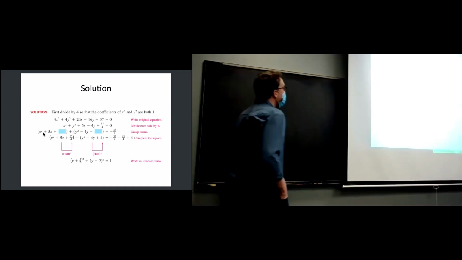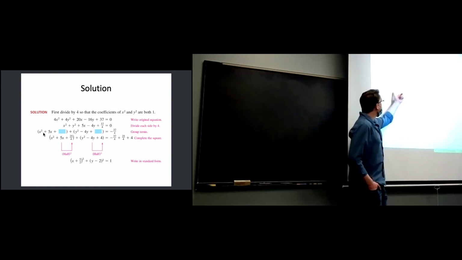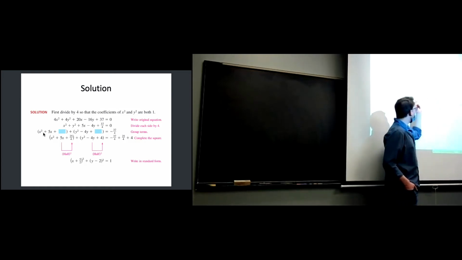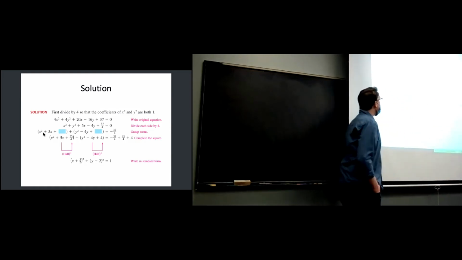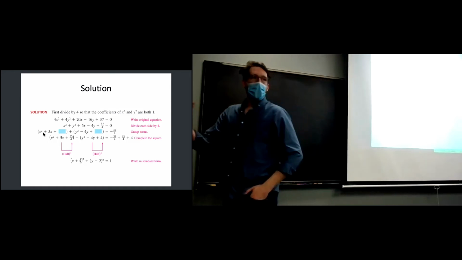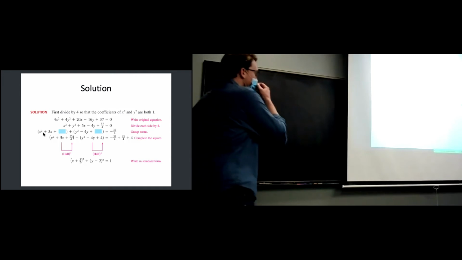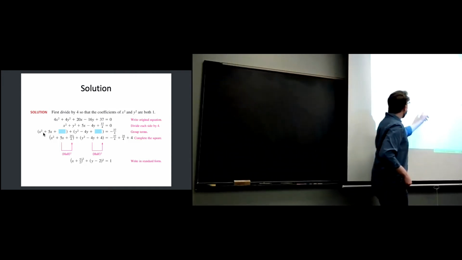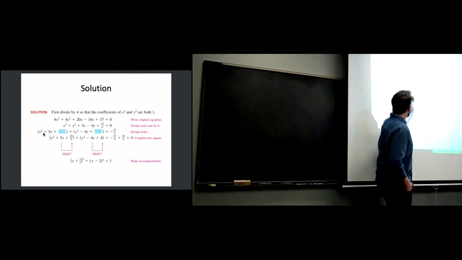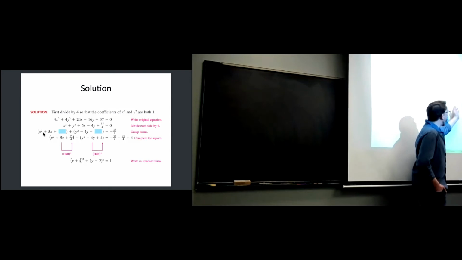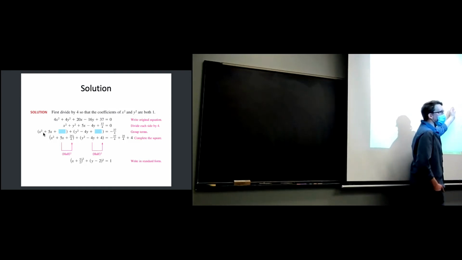Now from here, you're going to want to complete these squares, each of these individual squares. But notice that requires you to add something into the equation. So you're going to have to add that to the other side as well. You're going to have to say, all right, I'm going to add 25 over 4 to the left side, so that means I need to add 25 over 4 to the right side.